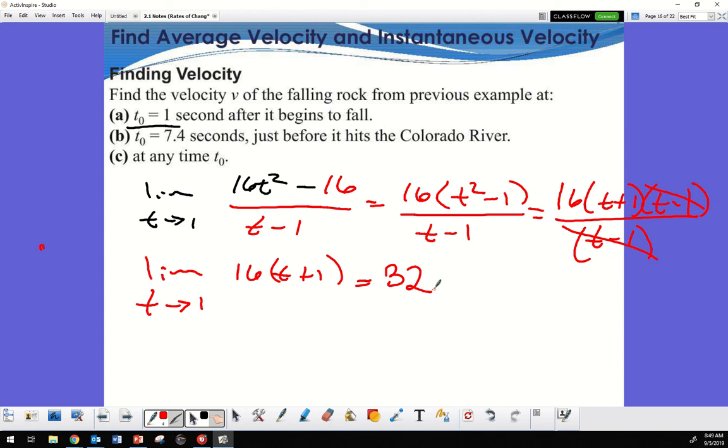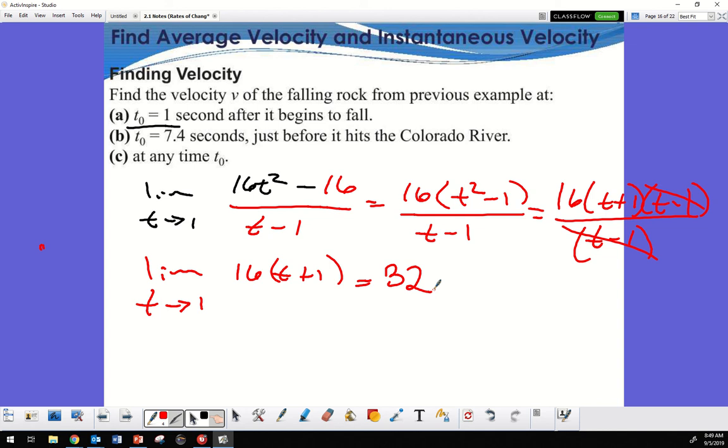So, what is that actually saying again? At 1 second, it's falling at a rate of 32. Yes, it is falling, right? I could say it's going down, but if you notice, I don't have a negative on this one, do I? Because I'm talking about a different way of doing this.